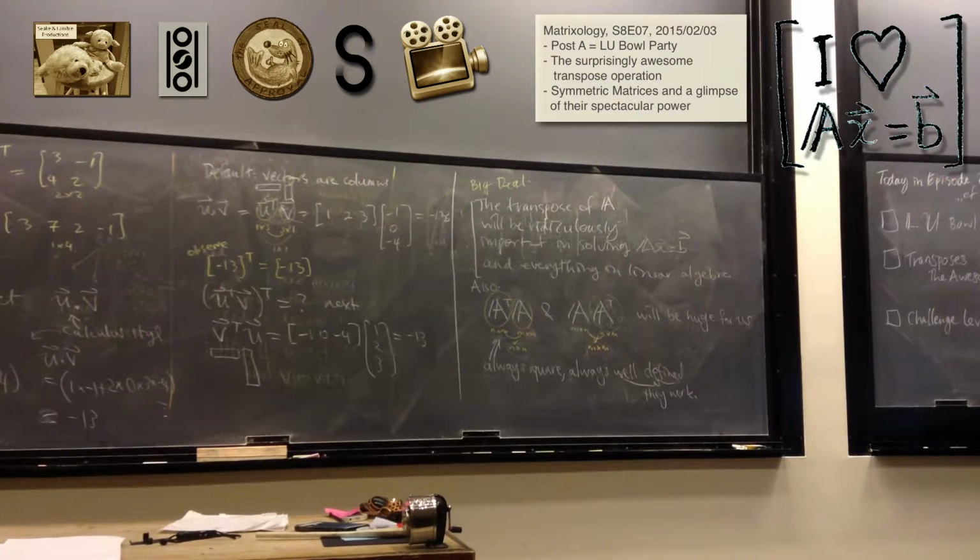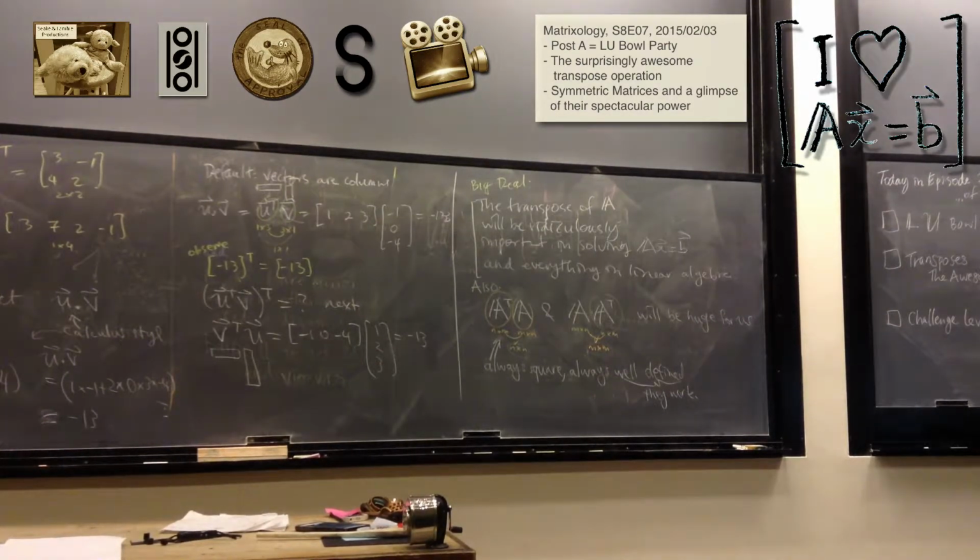Row 2, column 3, this character. That's 4. Where is 4 now? In the 3, 2 position. So one way to say this is that the 2, 3 entry of A is 4, and the 3, 2 entry of A transpose is 4.